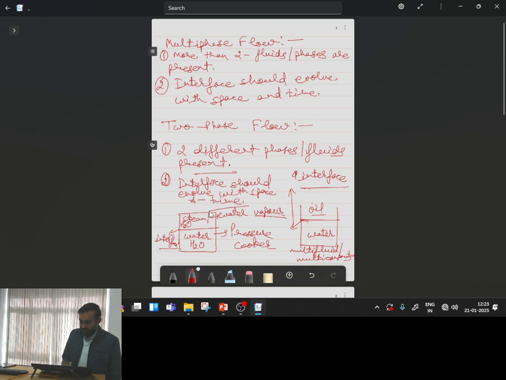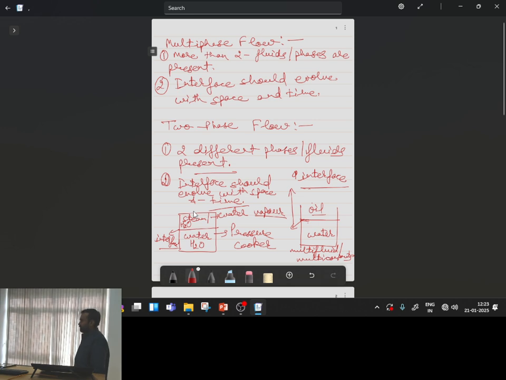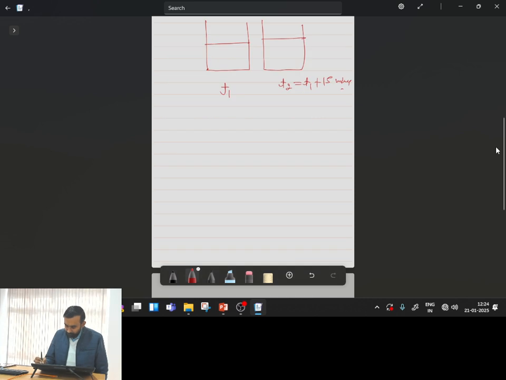If the interface is not changing with space and time, then we cannot call it flow. Once the interface is changing with space and time, only then can we call it flow. Okay, is this point clear? So these are the mandatory conditions for multi-phase flow.